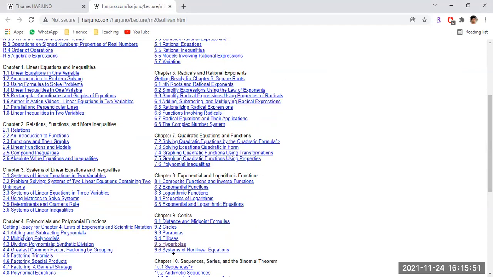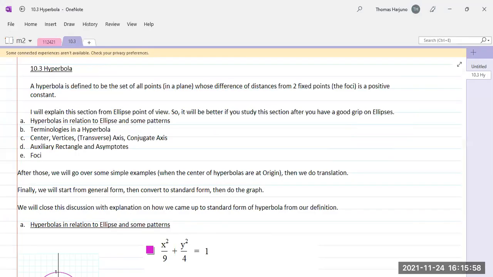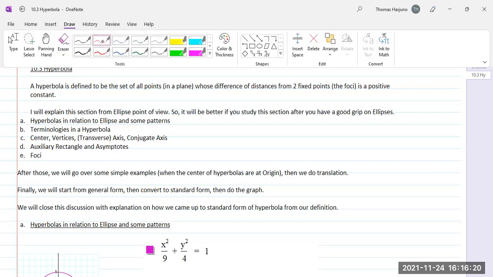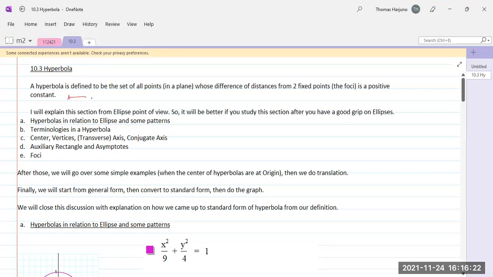What I'm going to do right now is dig more into the technical foundation of hyperbola. Now let's start. What is a hyperbola? A hyperbola is defined to be the set of all points on a plane in 2 dimensions whose difference of distances from 2 fixed points, which we call foci, is a positive constant.